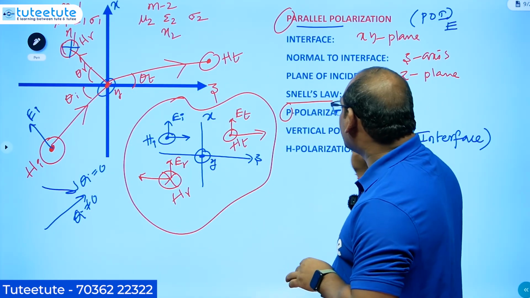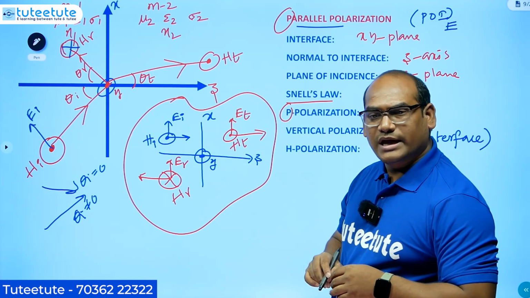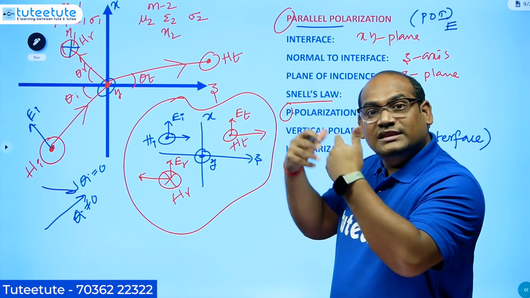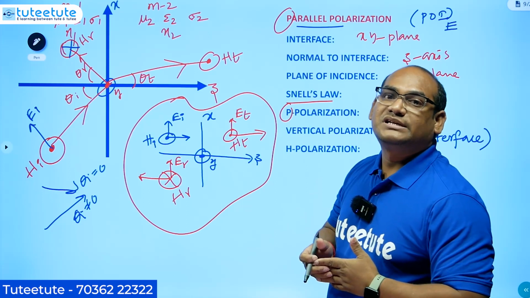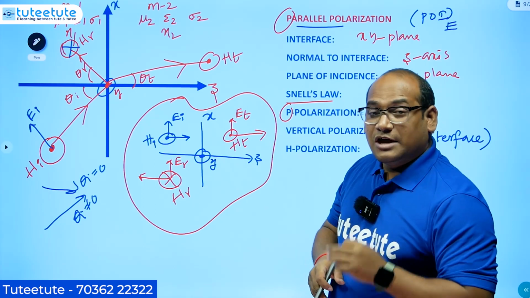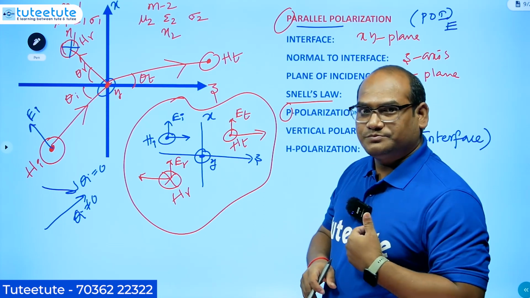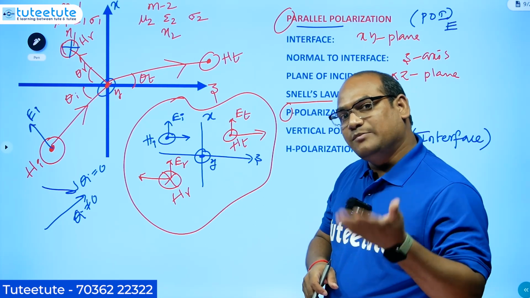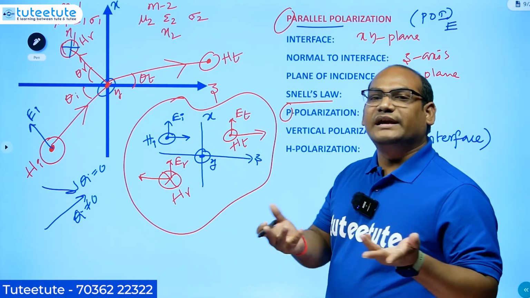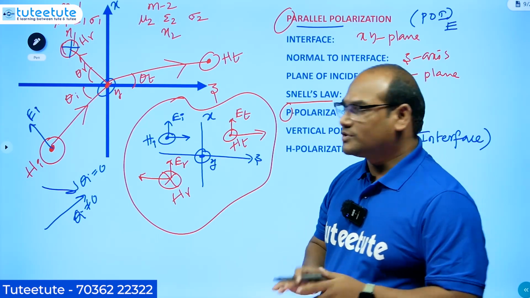That is why it is called vertical polarization. And the previous case, perpendicular polarization, we took as E polarization, because E is parallel to the interface. So it is opposite to that one; we can take it as H polarization. That is the thing.